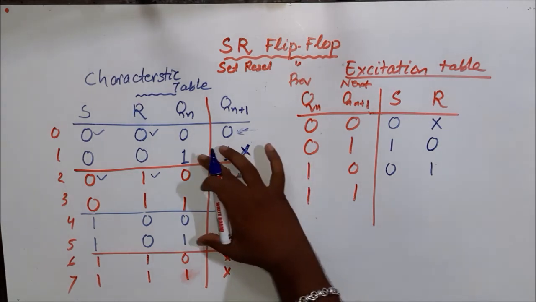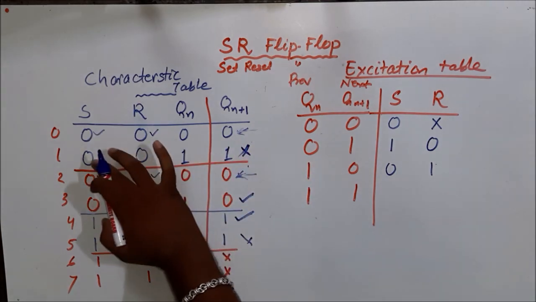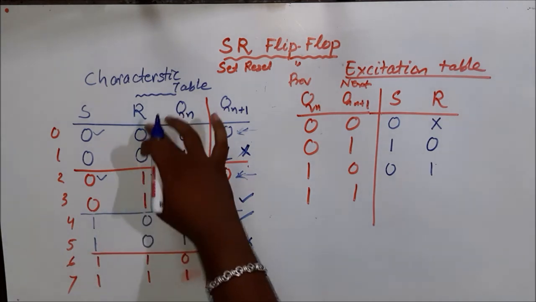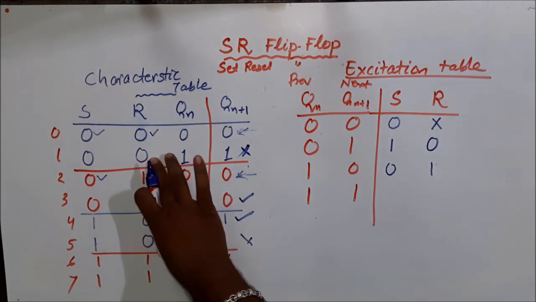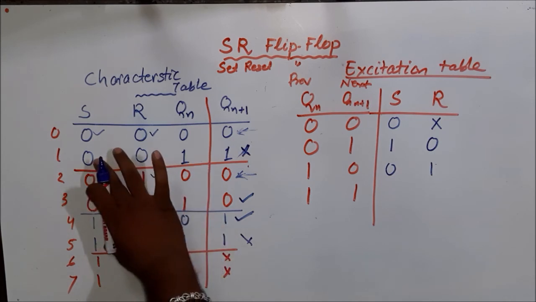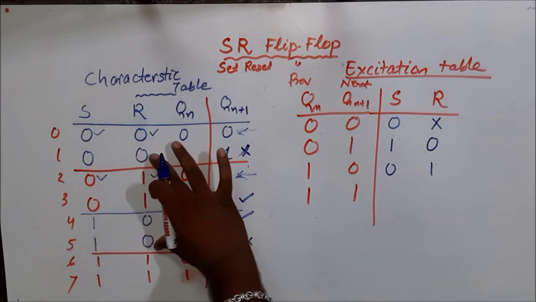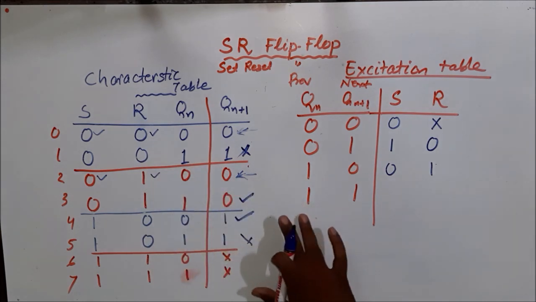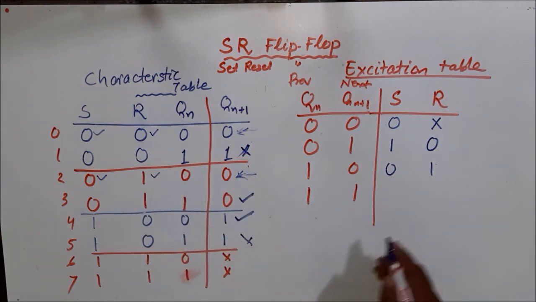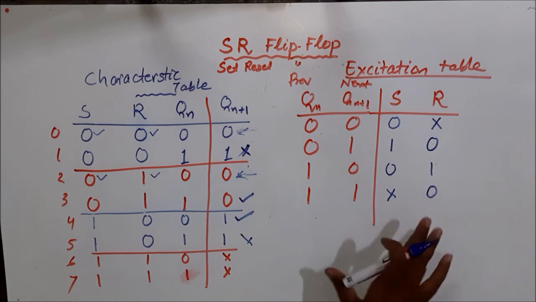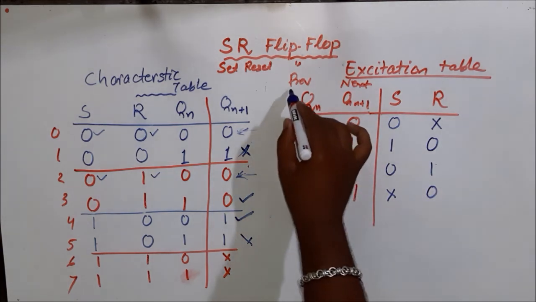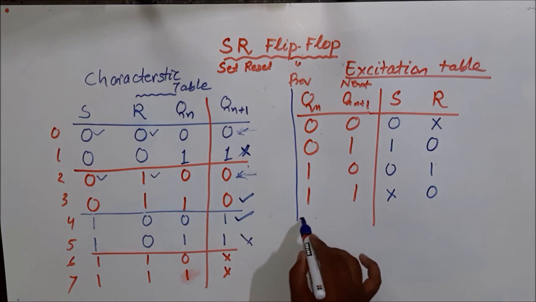So these two rows indicate S is 0 or 1, and R is 0. It is clear that irrespective of the value of S, if my R is 0, I will always get 1 and 1 in present and next state. So we can write don't care and 0. So this is nothing but the excitation table of the SR flip-flop.